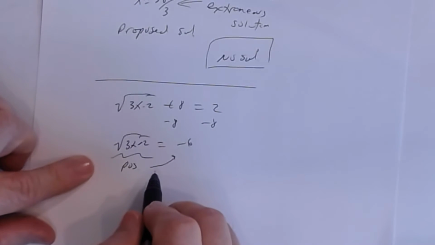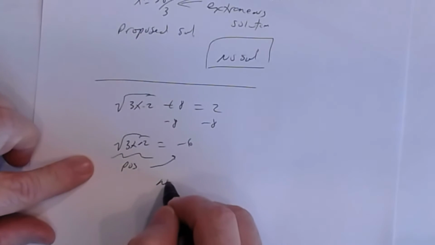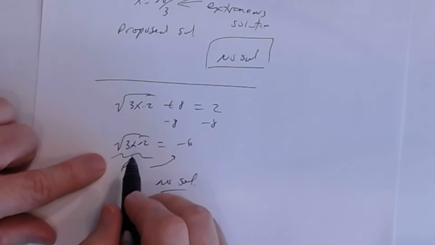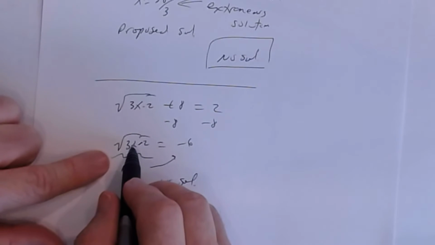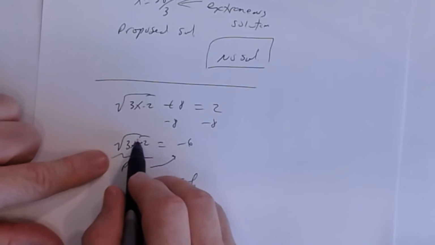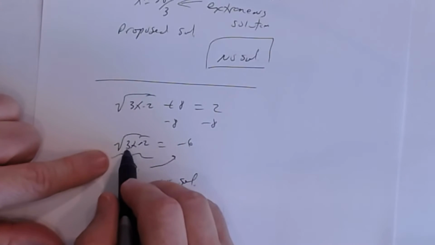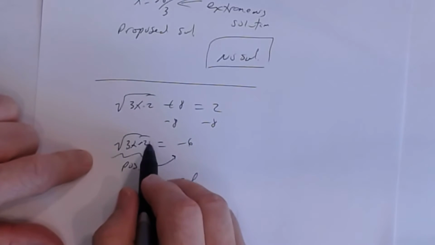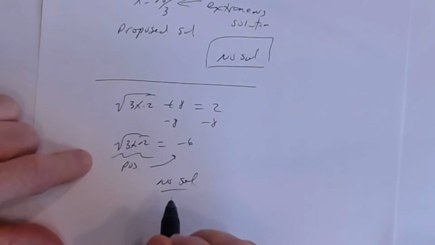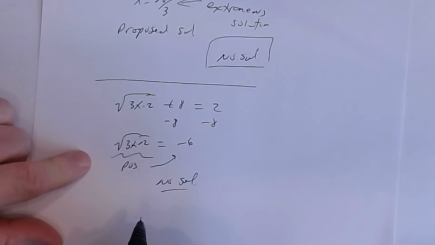So right away, you could have said no solution, because this is always going to be a positive number no matter what you substitute for x, as long as the radicand is positive or 0, the square root of that number is always positive. And a positive is never equal to negative. So you could have said no solution right away.